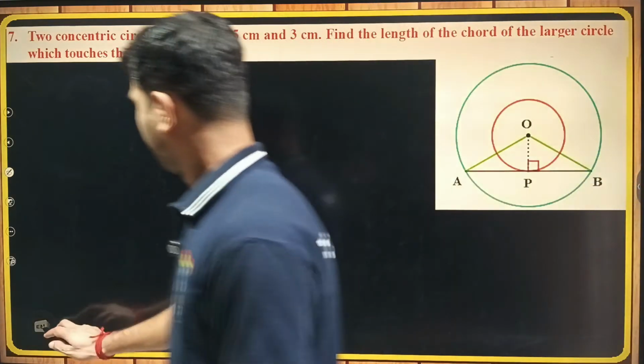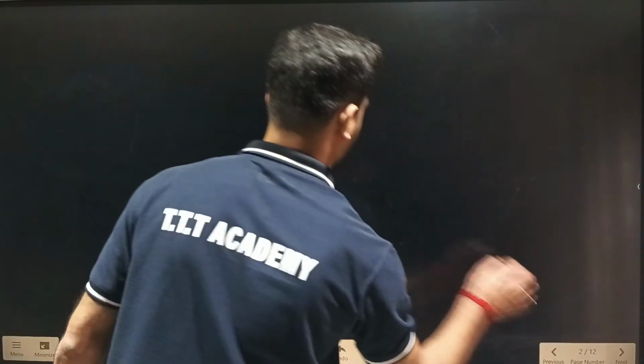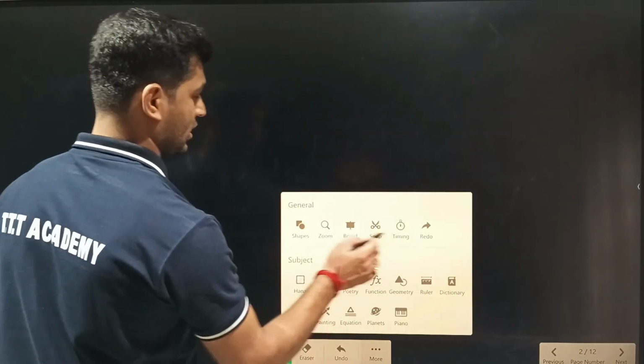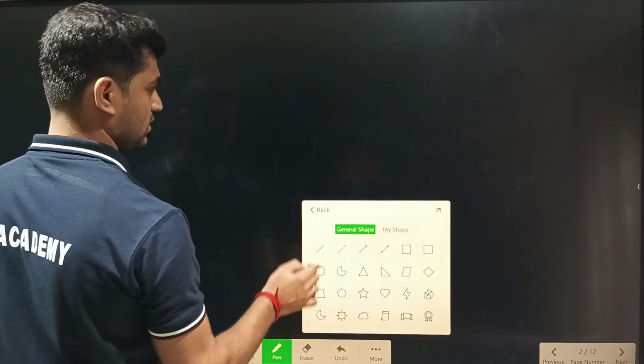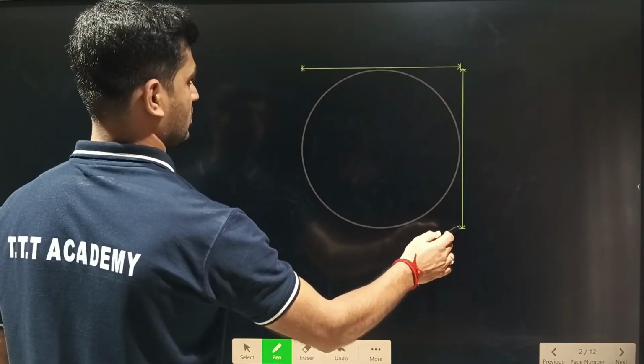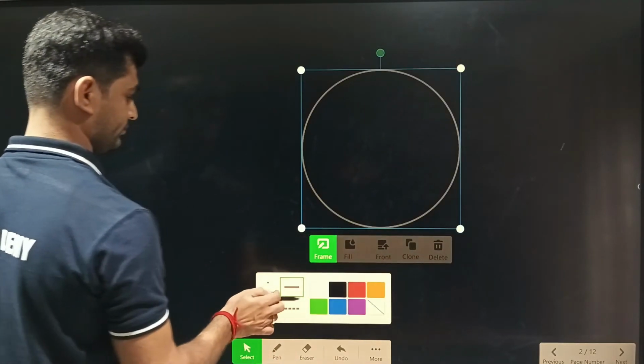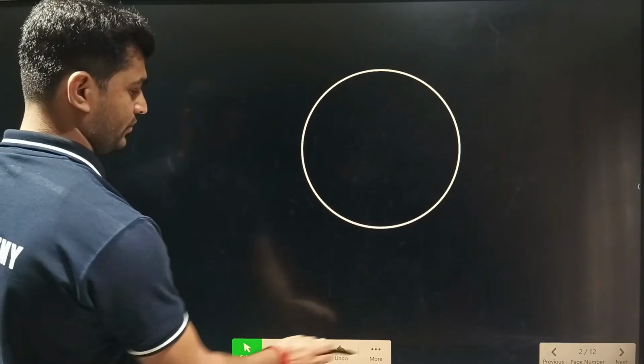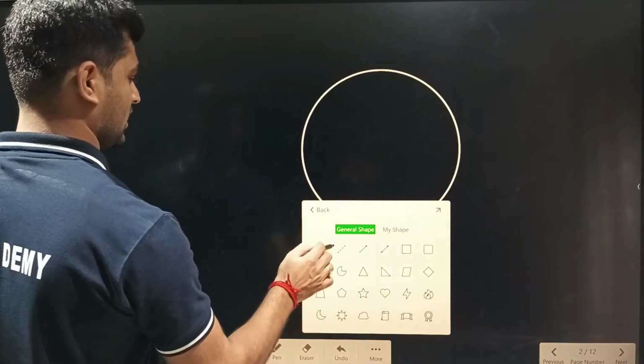Simply put, if you are going to consider a circle, let me consider there are two circles. Clearly observe here. Here is a circle, and let me consider one more circle.